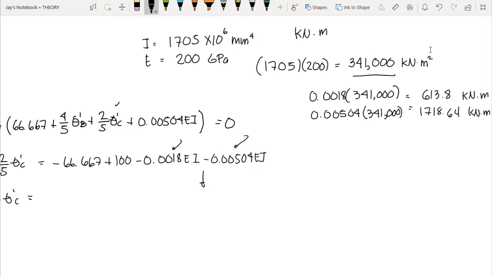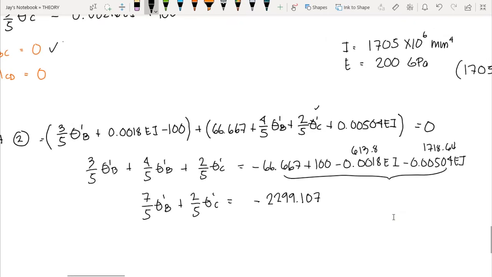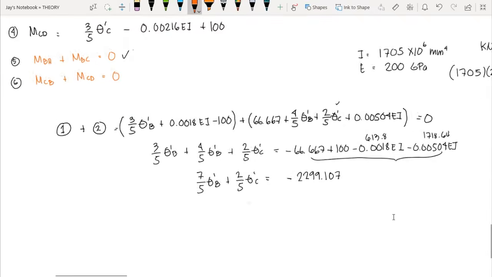Now we add all the constants using these values. This can be replaced by 613.8 and 1718.64, and the entire constants equal negative 2299.107. So this is now our new equation, let's say equation number 7.